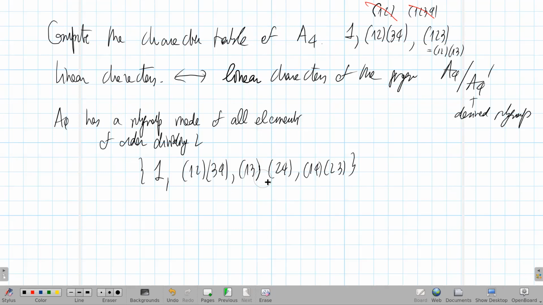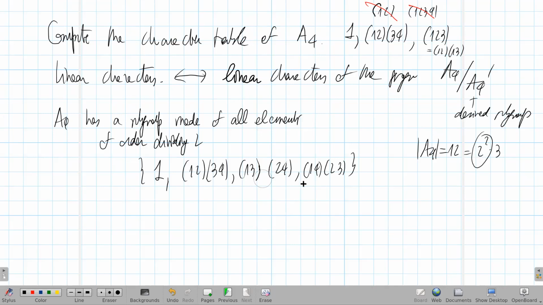This is a subset of order 4, but we know by Sylow theory, since A4 has order 12, which is 2 squared times 3, that there has to be a subgroup of order 4. In a subgroup of order 4, all elements have order dividing 4. And here, these elements have order dividing 2, and there are no other elements that could go in that have order dividing 4.